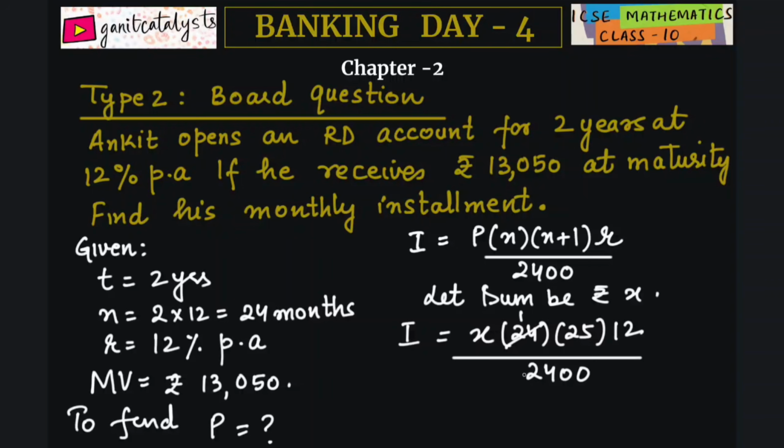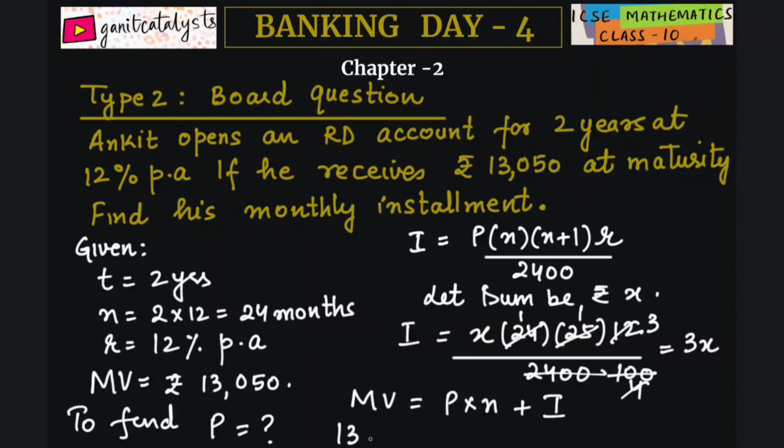So 24 ones are 24, 25 ones are 25, fours are 3. So it is equal to 3x. Now what is the maturity value? It is equal to P into N plus I. So put the values: 13,050 is equal to X into 24 plus 3x. So 24x plus 3x is equal to 27x.